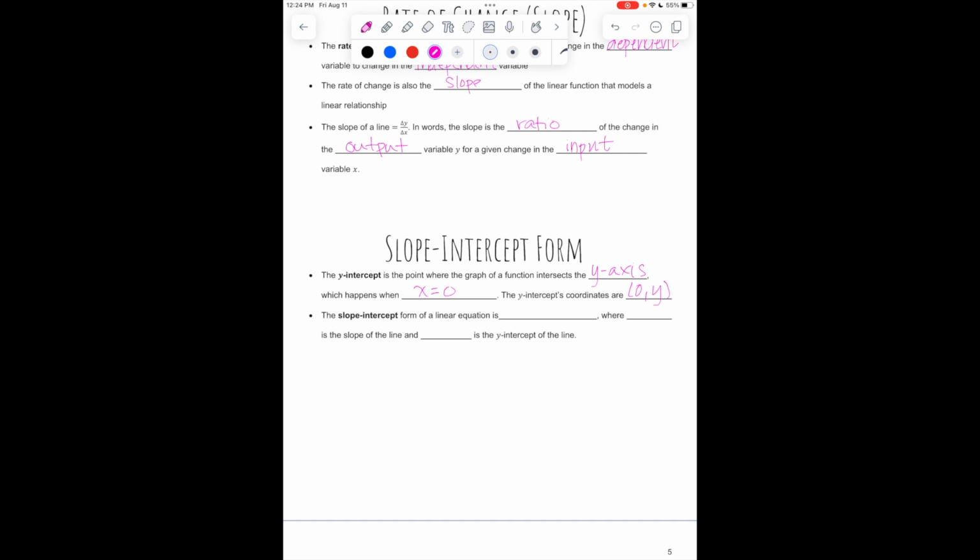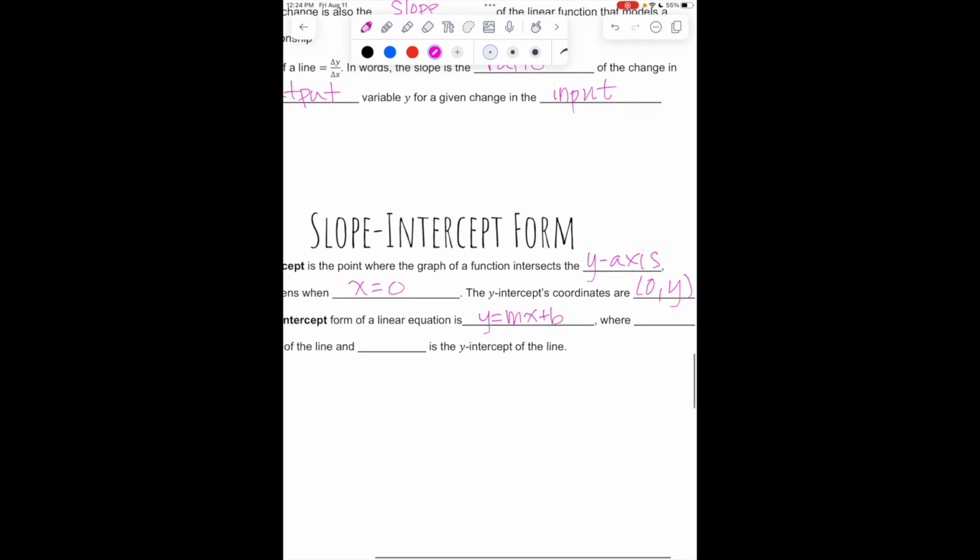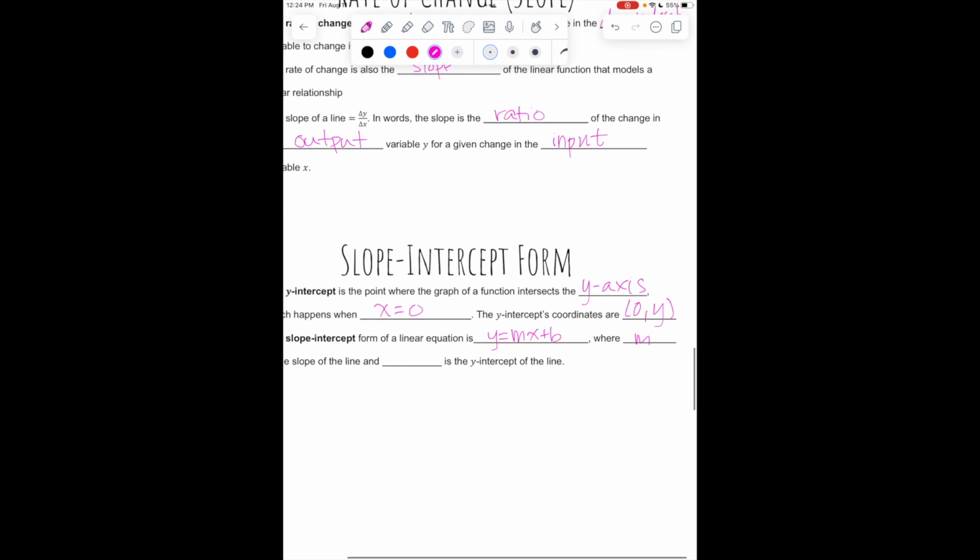The slope-intercept form of a linear equation is, this is what you will always see, y equals mx plus b, where m is the slope of the line and b is the y-intercept of the line. So again, kind of a classic one.